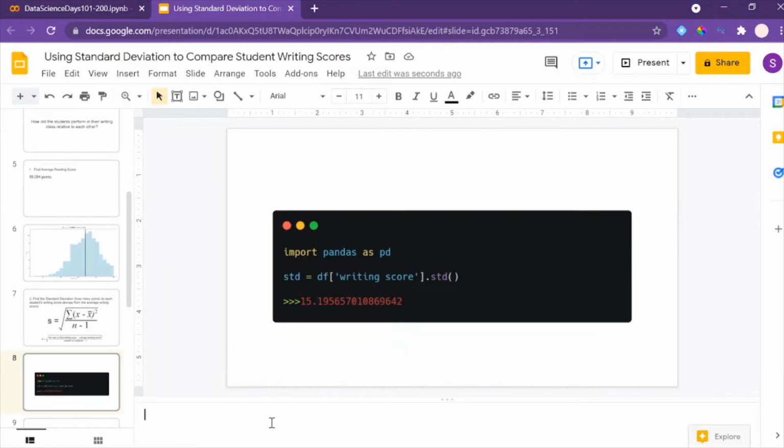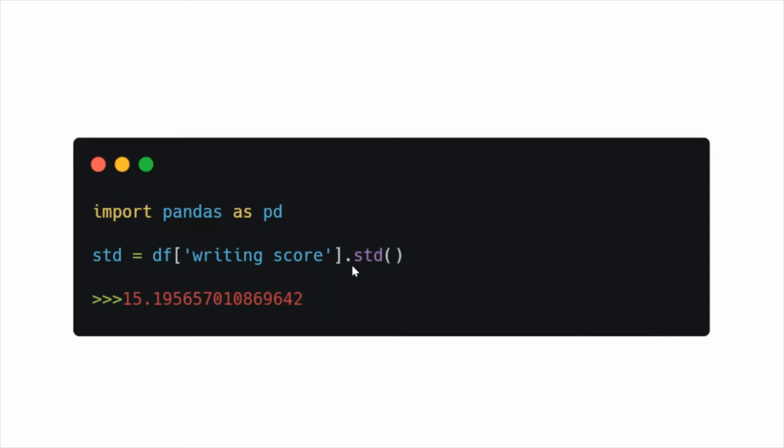It should be something like data frame is equal to pd.read_csv, and then the name of the file. Then you would do std is equal to df writing score dot std, and that's going to give you your standard deviation.